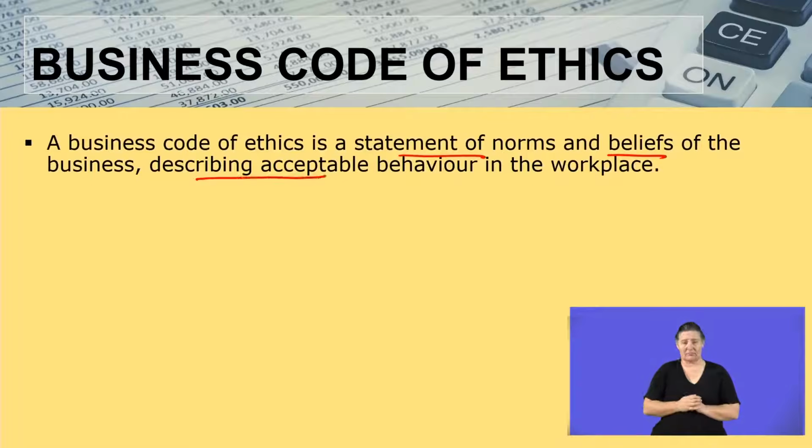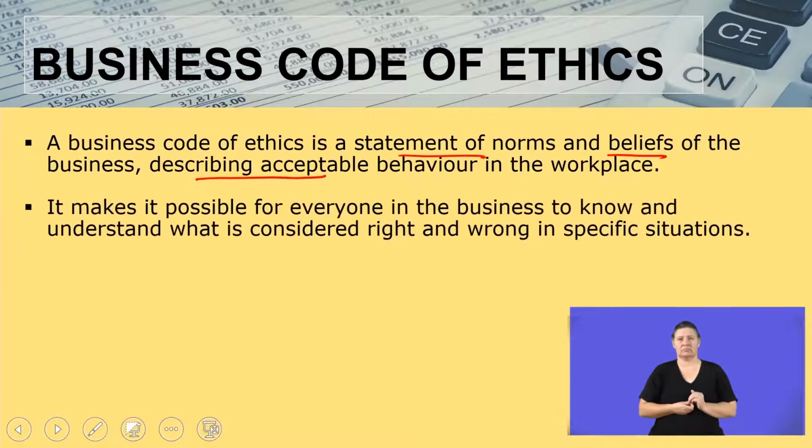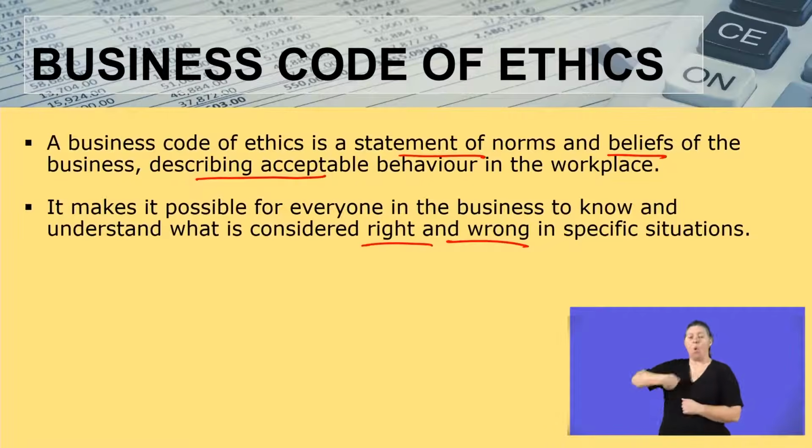So not everything is acceptable. There has to be what we call acceptable behavior in the workplace. It makes it possible for everyone in the business to know and understand what is considered right and wrong in specific situations. So a business code of ethics informs you of how to behave, whether it is right or wrong in specific situations.